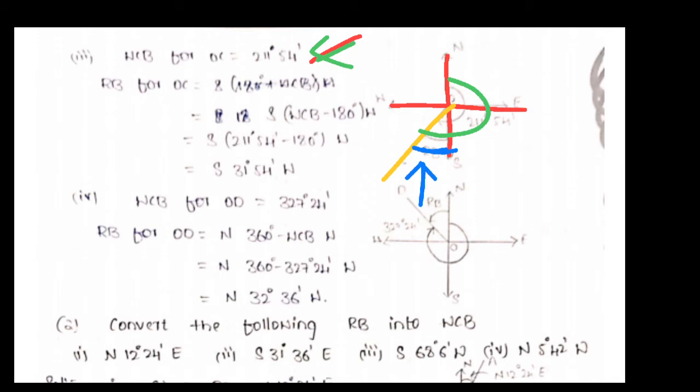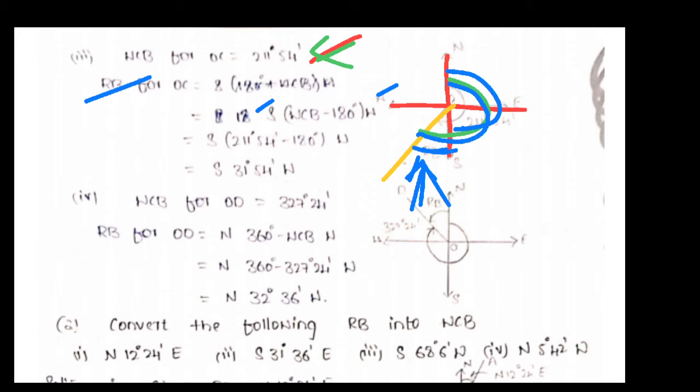We already know these two quadrants' angle is 180 degrees, and the whole circle bearing is from north to this line. If we reduce 180 degrees from the whole circle bearing, then we will get this RB value. Therefore RB for OC equals, first we need to mention the quadrant, that's why southwest.